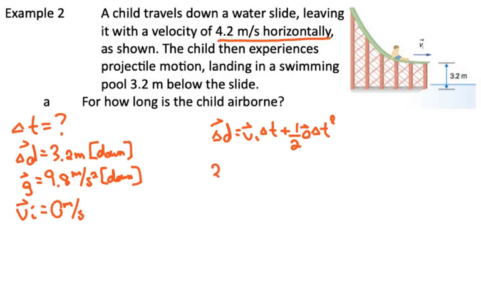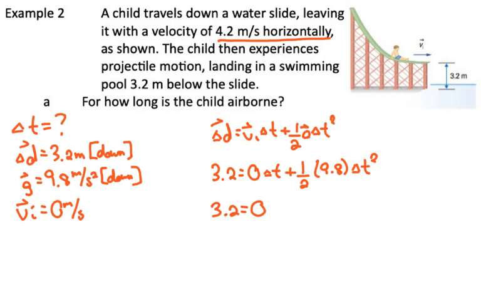Substituting in what we know, delta D is 3.2, VI is 0, delta T we don't know, A is 9.8. Working this out, 0 times delta T is 0.